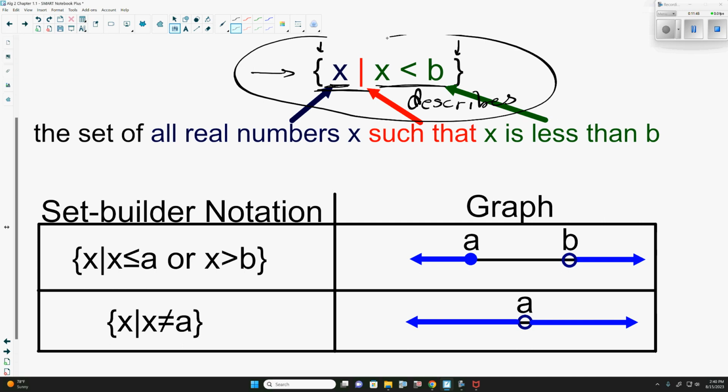The first part, what goes in that first section, is describing the types of numbers. If we're talking about all real numbers, we can just leave it as X. If it's something other than that, we have a way to write it, and we'll look at that in a minute. But we can say X is an element of the integers, or X is an element of the natural numbers, or rational numbers. Such that, and then we have a description to it. Something that's going to describe it.